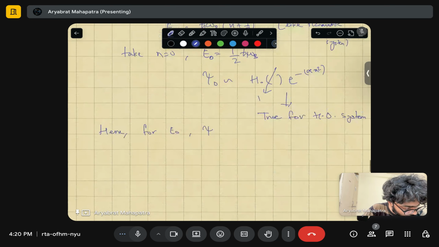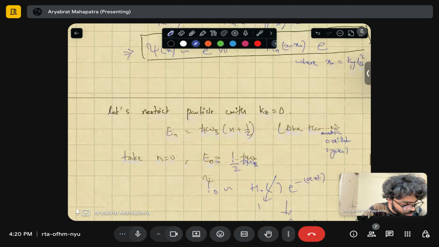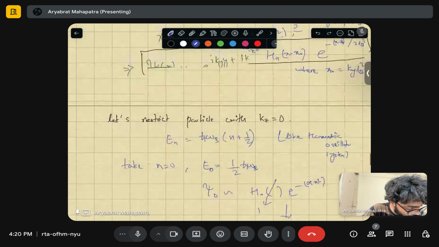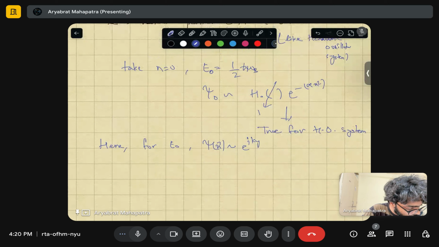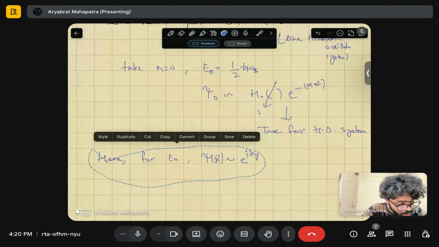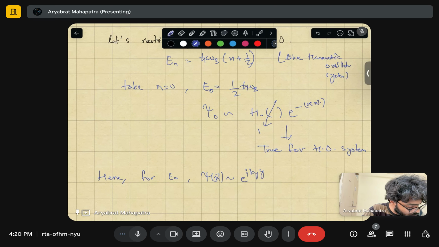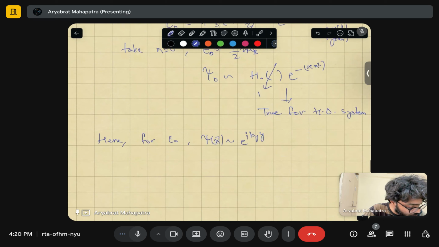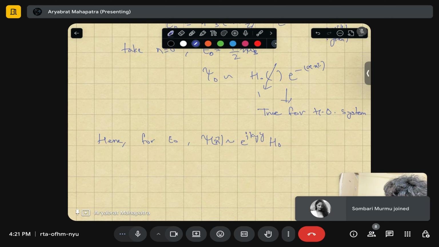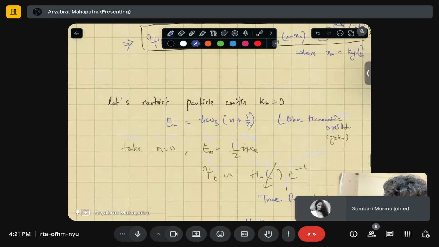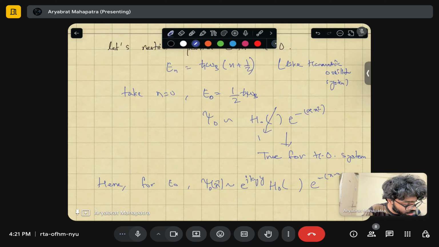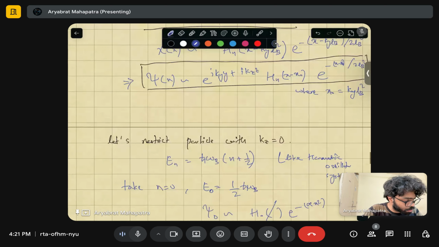Let me write down your psi as exponential iky y, then H0, let's say, then exponential minus (x minus x naught) square over 2 lb square.